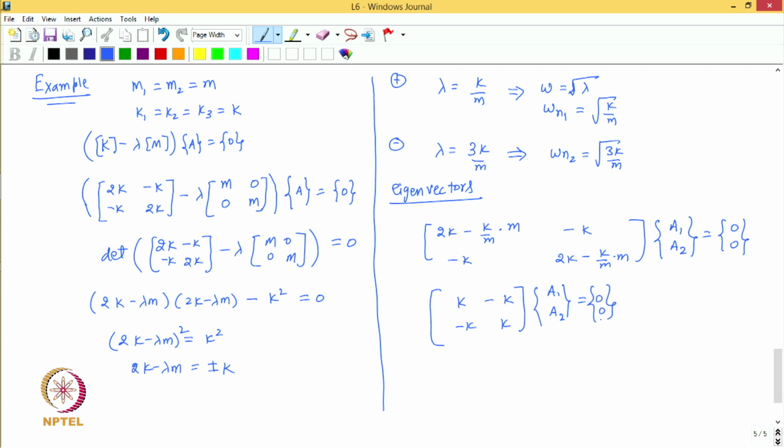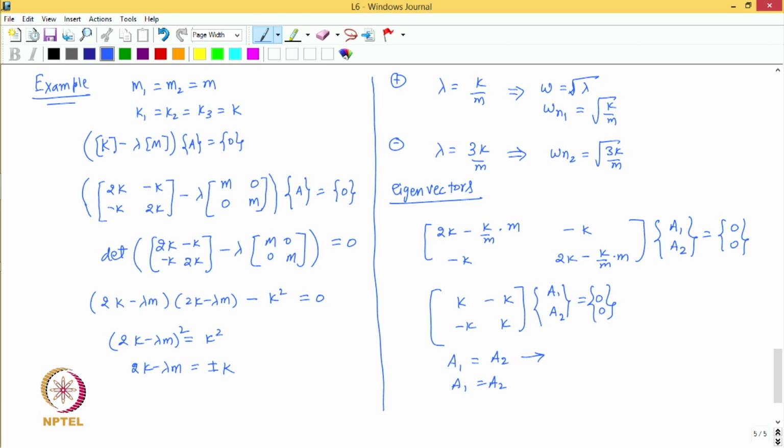So, if you simplify, the equation we get from the first row is A1 is equal to A2, and the second equation also leads to A1 is equal to A2. So, you can see we basically get two dependent equations. Effectively we have only one independent equation, but there are two unknowns, A1 and A2.